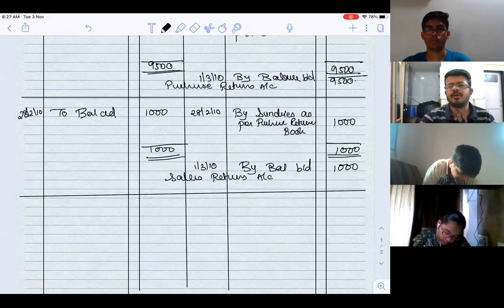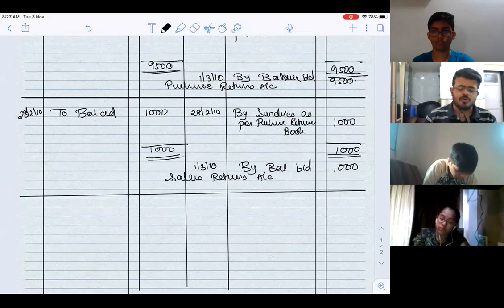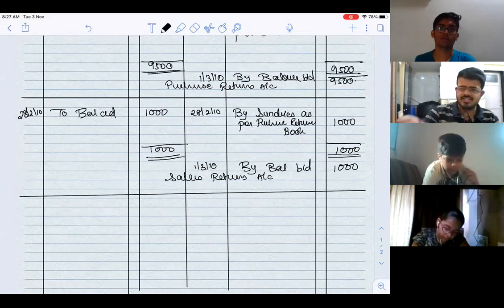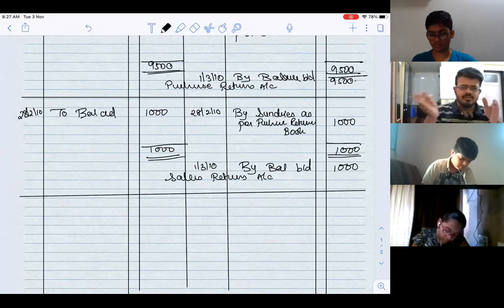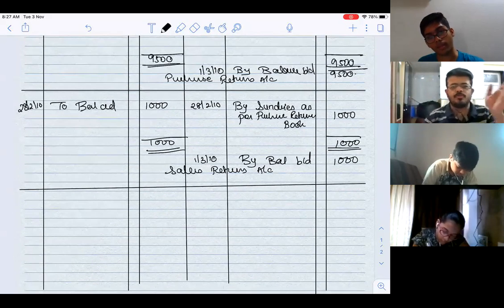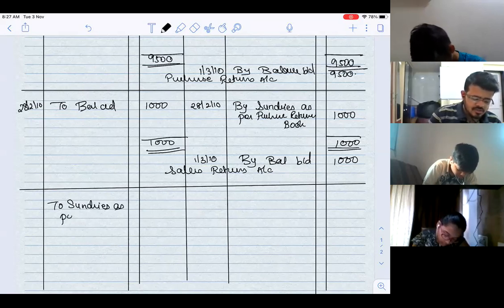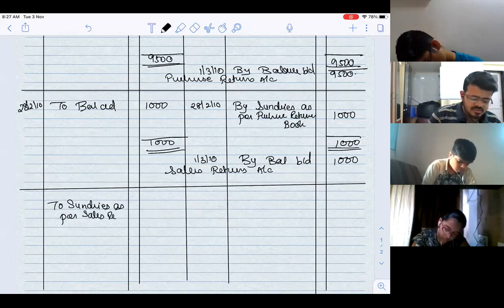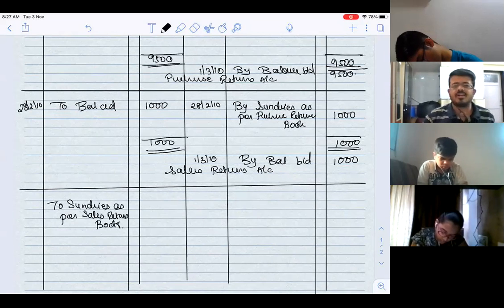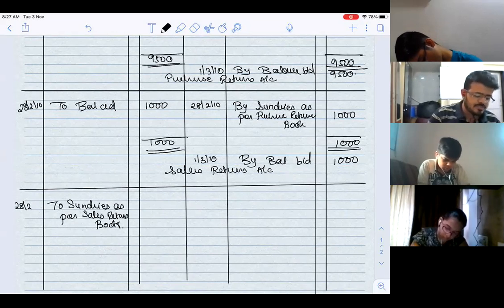Do you have any cash part in sales return? No. So only the credit component. Now the next question: which side to post on? Debit or credit? Debit. Because what is the entry for sales return? Sales return to party. So in sales return, we do not write to party again and again. Directly what do we write? To sundries as per sales returns book. I have written the same in all four. By sundries, to sundries, by sundries, the same I have written, on the last date only.